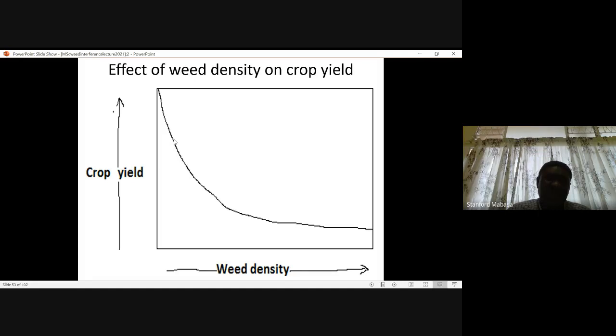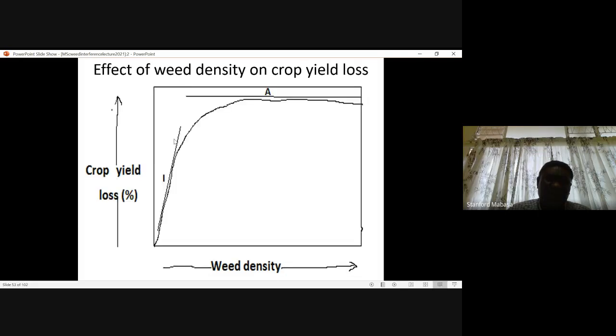Now, when Cousens proposed the yield loss, he said it starts from 0, and it's serious when there are weeds. And it goes up and flattens at the maximum.